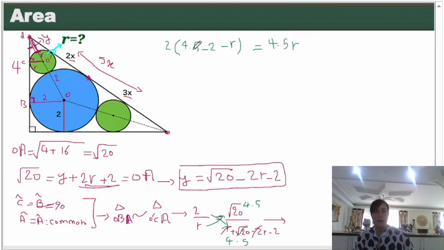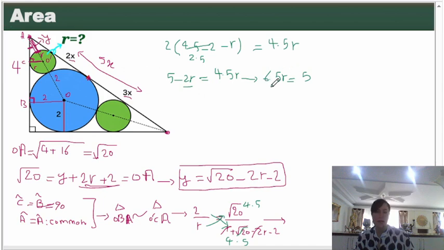Here I will have 4.5 minus 2 gives me 2.5, and then I apply this 2 inside this parenthesis, which gives me 2 times 2.5 gives me 5 minus 2R equals 4.5R. I bring all the R terms to one side, so I will have 6.5R equals 5.